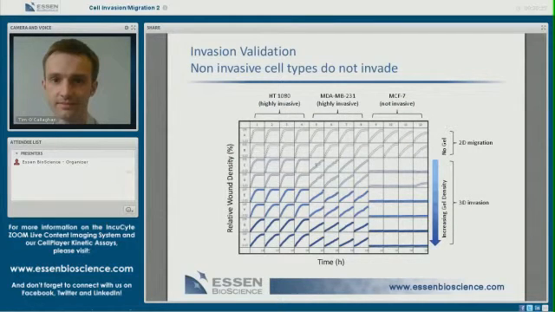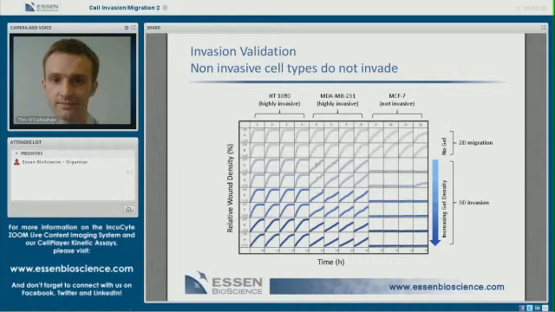Further validation of invasion was performed by showing that non-invasive cell types do not invade the extracellular matrix. We performed an experiment using two highly invasive cell lines, the HT1080 and MDA-MB231 cells, in combination with a non-invasive MCF7 cell line.